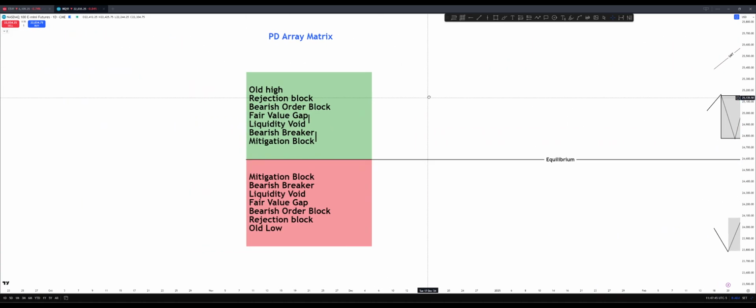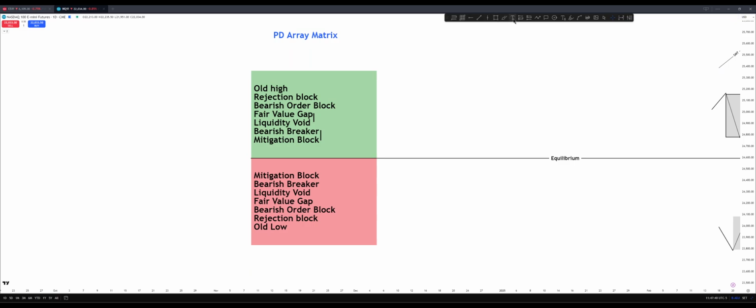And now going back to this right here, if we place numbers, all right, this will be number 1, 2, 3, 4, and 5. So price most likely is going to reverse from either one of them.